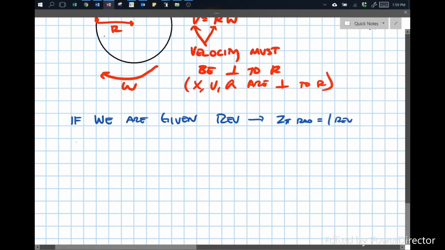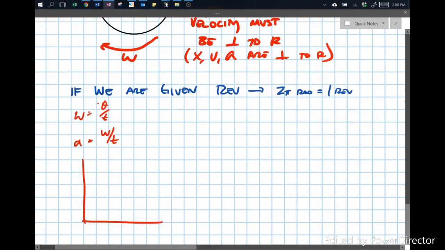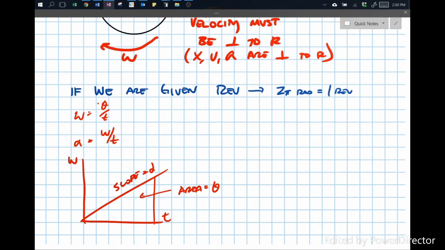Because we know that omega is theta over time, and alpha is omega over time, if I have a graph of omega versus time, the slope is equal to alpha, and the area is equal to delta theta, just like with a velocity versus time graph, where the slope equals acceleration and the area equals delta x.